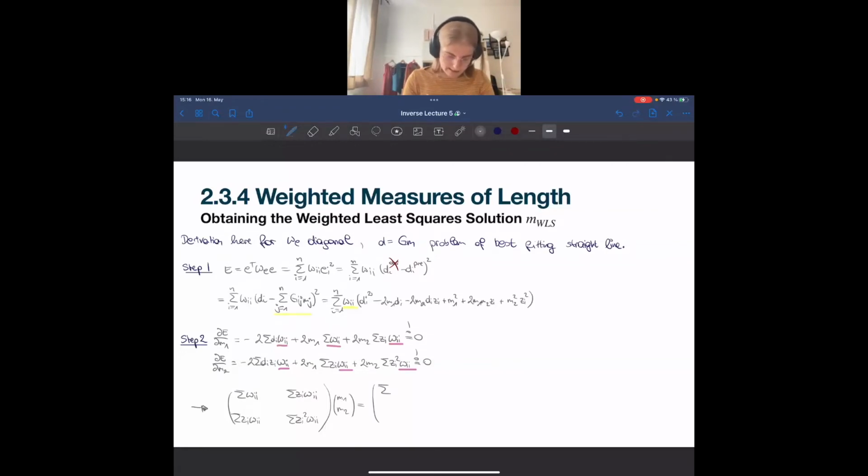Okay, and on the right-hand side, we have now the sum over the di omega i, and here zi di omega i. Okay, I'd like to copy that to the next page so that you can see it.